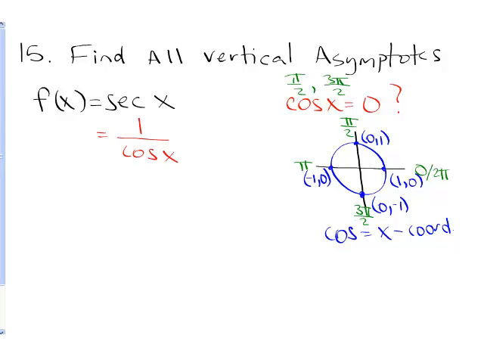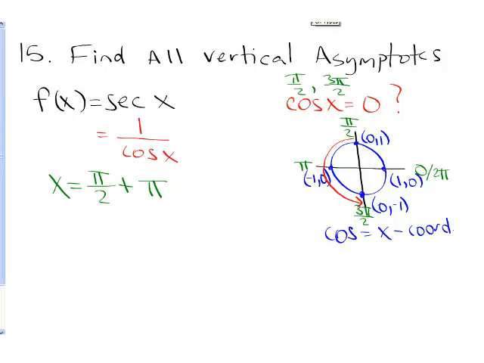So where are my vertical asymptotes? My vertical asymptotes occur at x equals pi over 2, plus, well, how far is it from pi over 2 up here to 3 pi over 2? How far do we have to travel to get from the top to the bottom? 1 pi unit, right?